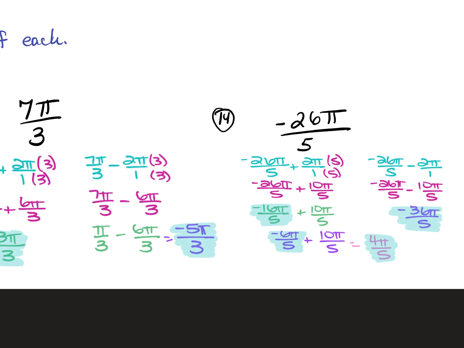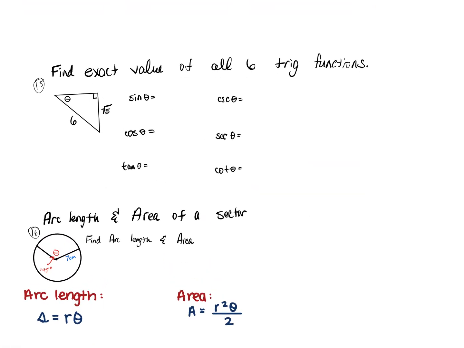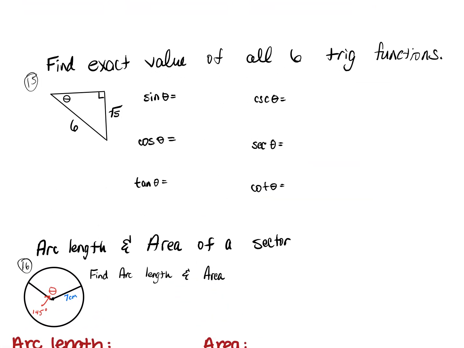For your next question, you're finding the exact value of all 6 trig functions given this right triangle. So we know that on your right triangle, the side length across from your right angle is your hypotenuse. The side length across from your theta is your opposite, which means the only one left that you're missing is your adjacent.